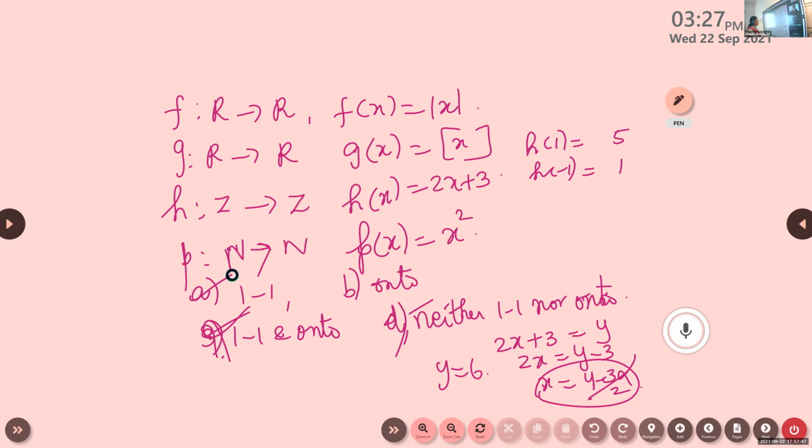Now look at the next one. P from N to N given by P of x is equal to x square.